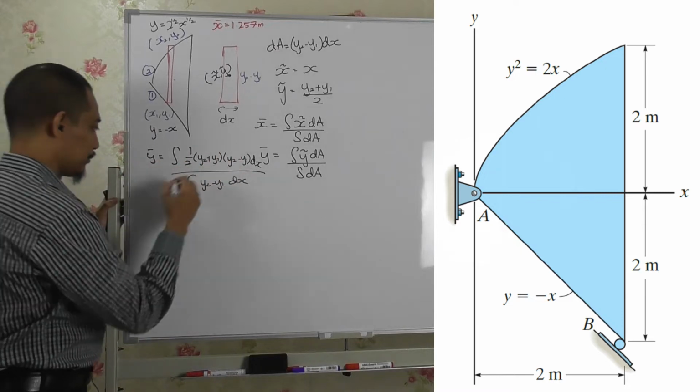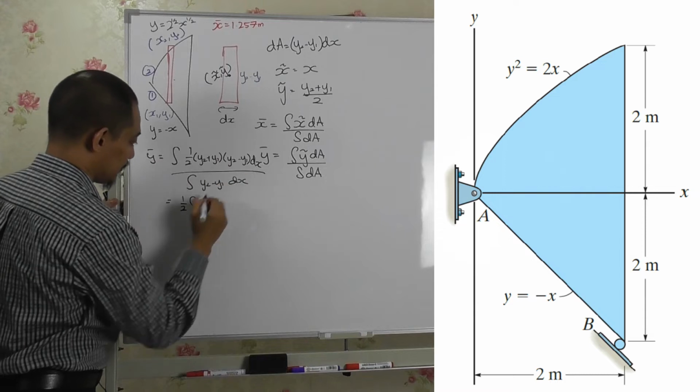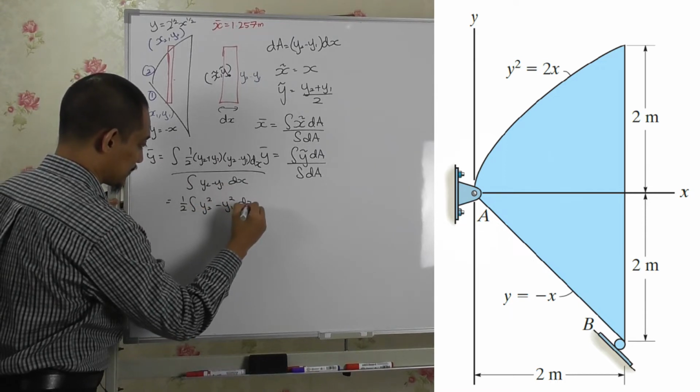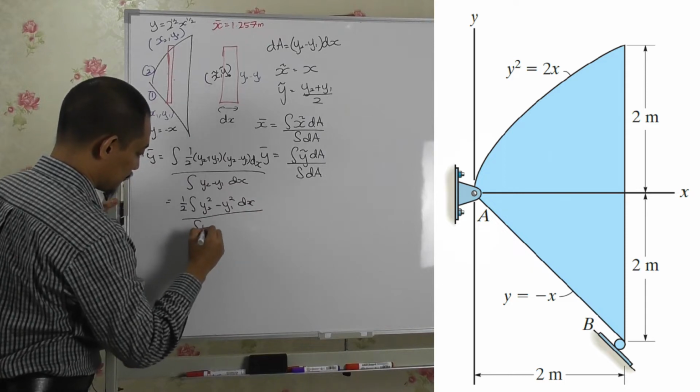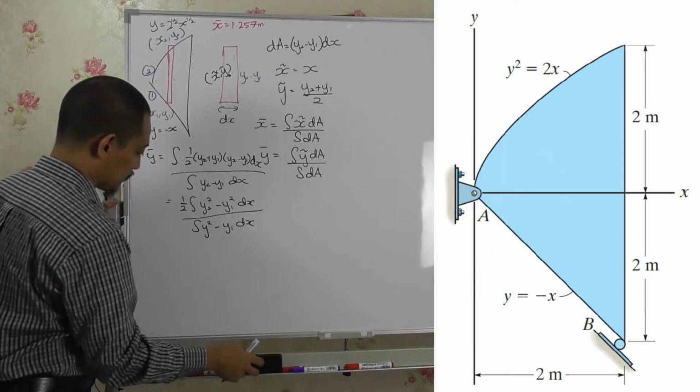This one, if you simplify it first, half, and then integration of y2 minus y1 squared dx over integration of y2 minus y1 dx. Oh, sorry, this is not y square, this is y.